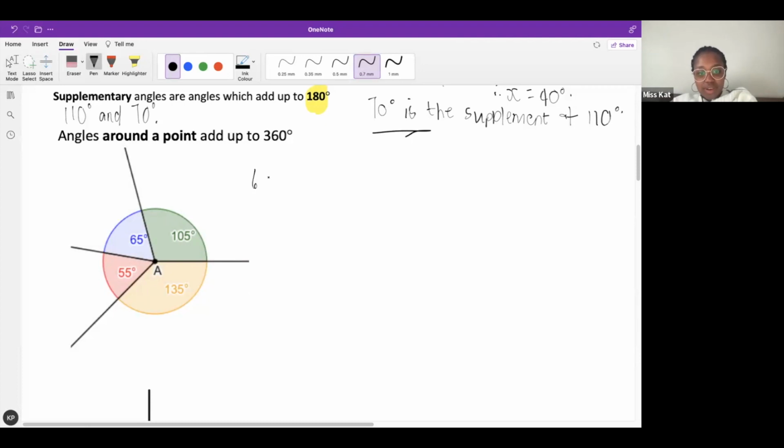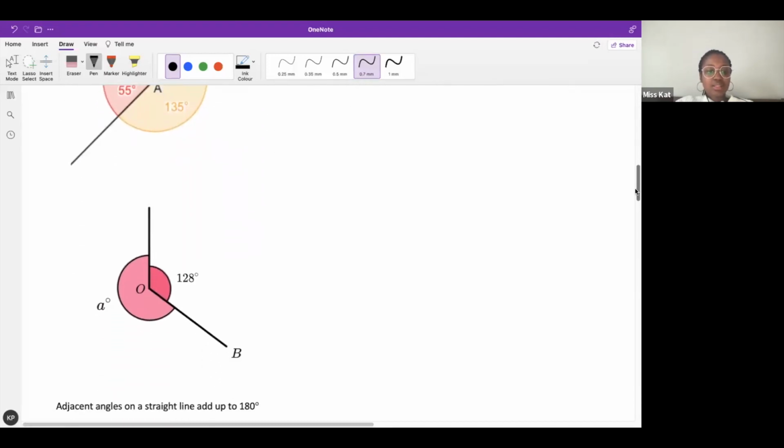It's going to be 65 degrees plus 105 plus 135 plus 55, all add up to 360 degrees. Always.